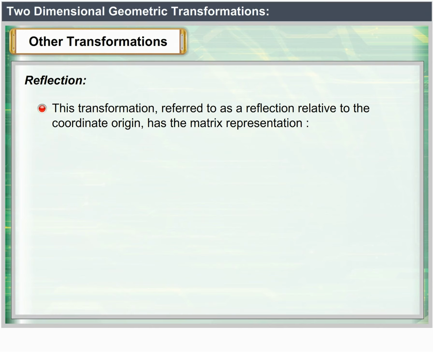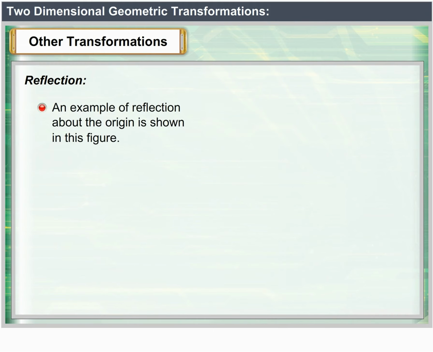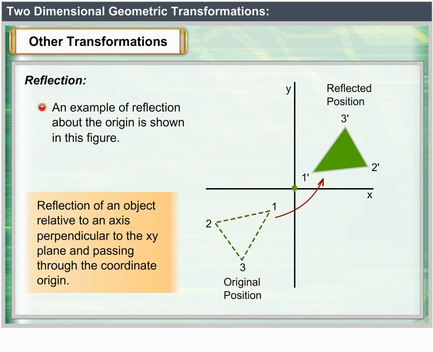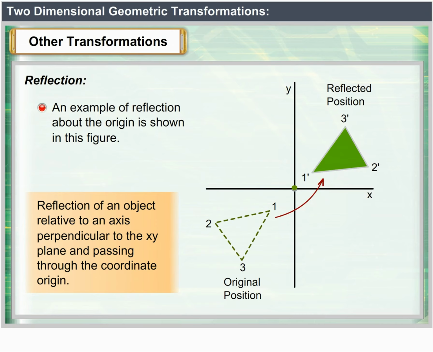The figure shows the reflection of an object relative to an axis perpendicular to the xy plane and passing through the coordinate origin. The reflection matrix is the rotation matrix R theta, with theta being 180 degrees. We are simply rotating the object in the xy plane half a revolution about the origin.